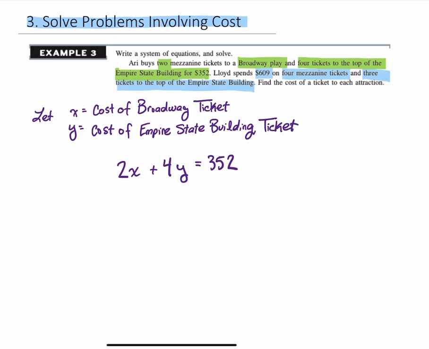Then that second statement said there were 4 of the play tickets and 3 of the Empire State Building tickets that cost $609. So now we have a system of 2 equations and 2 variables.